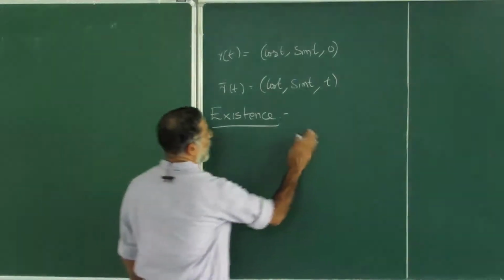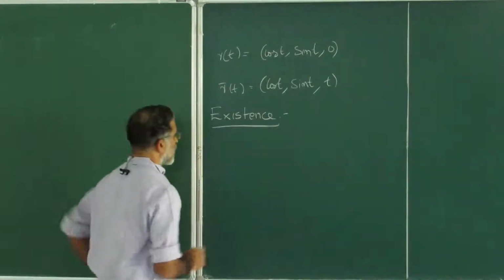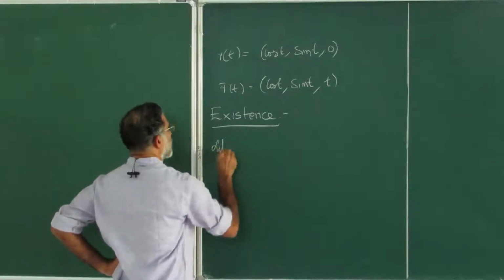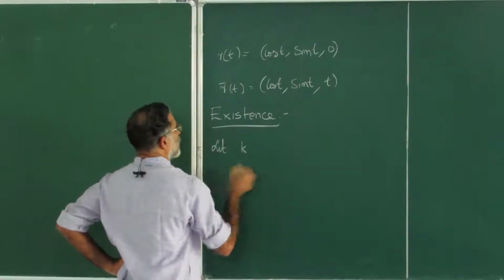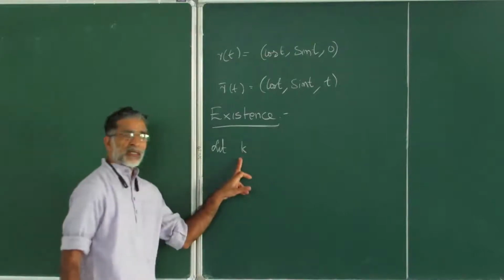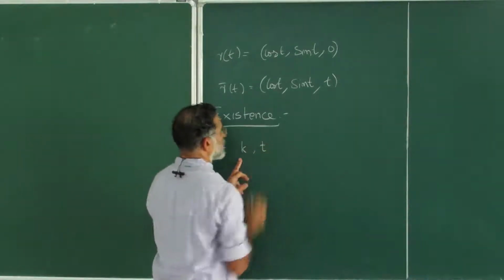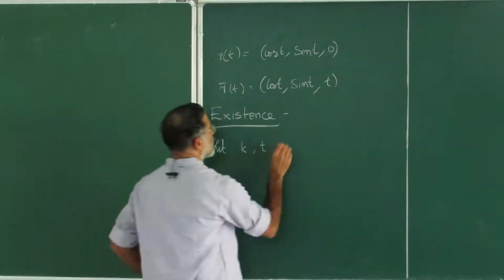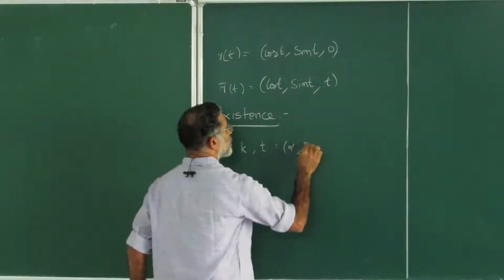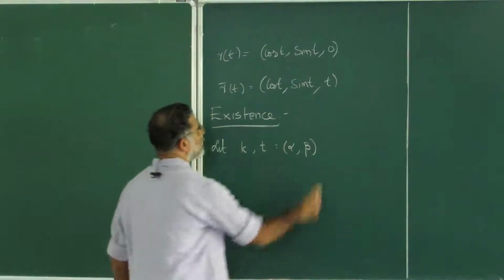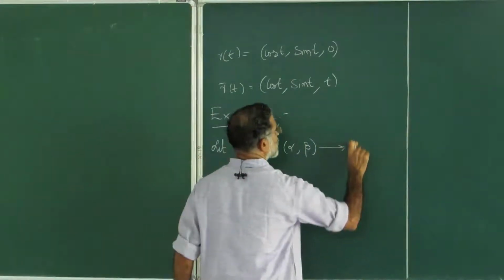So suppose this is the curvature given, and you also take the torsion. They have to be functions defined wherever the curve is expected to be defined, and these are all real valued functions.